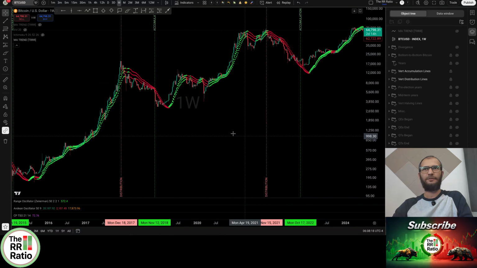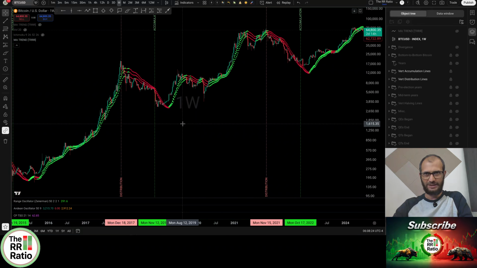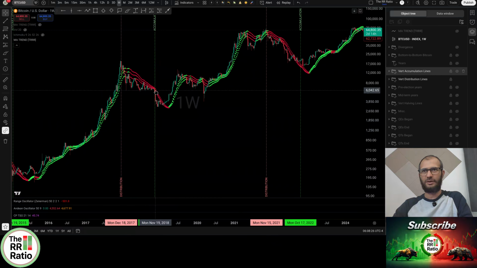The first and foremost thing we always have to keep in mind is that price must cross the accumulation line. If it has not crossed the accumulation line and price touches or closes on the quick moving averages, it does not indicate the bottom is in.